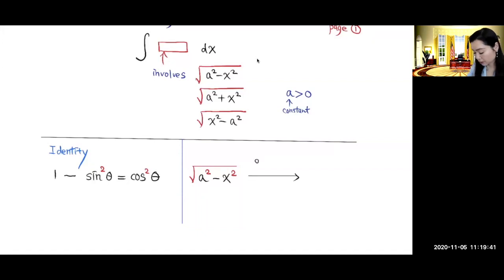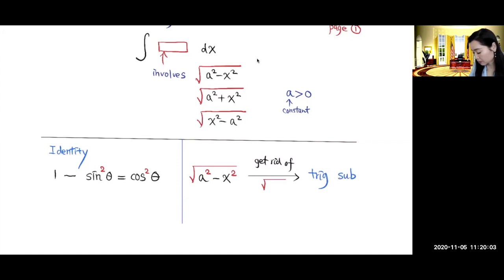If I try to get rid of this square root right here, then we use something called trig-sub. So the thing that we're going to talk about today is called trig-sub.